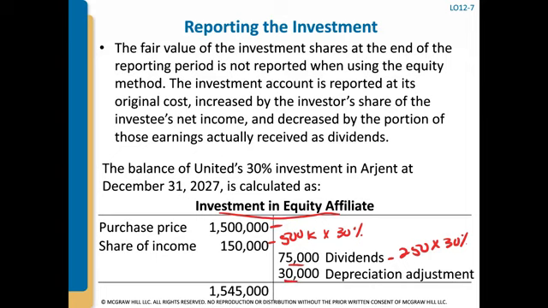Plus now we have the additional depreciation expense that we adjusted our investment for, a credit to investment and a debit to investment revenue. So our net balance in our investment account is $1,545 million.